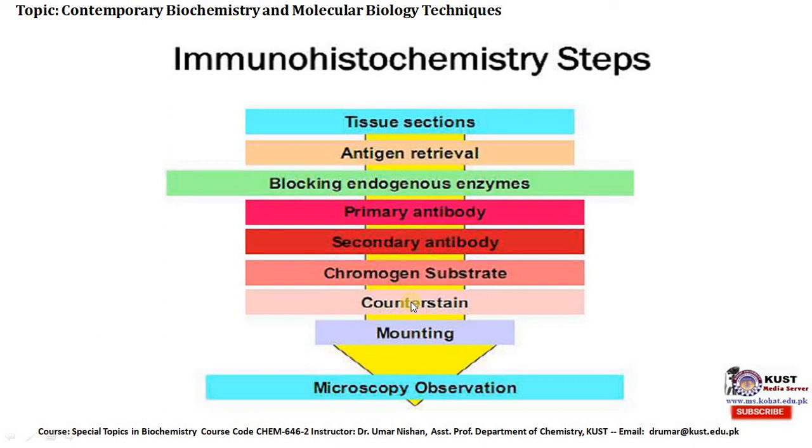And then we counterstain, slides are mounted, and after doing all this protocol, the sections of the slides are observed with the help of a microscope. So this summarizes the overall process of immunohistochemistry, and it is performed in a stepwise manner.